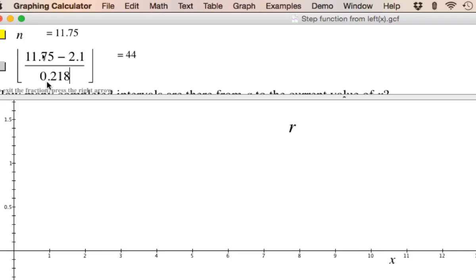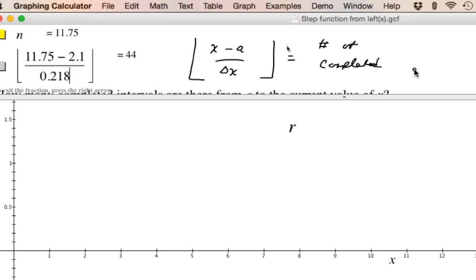And so it gives us 44. All right, so this is what gives us our number of completed intervals from A to X.